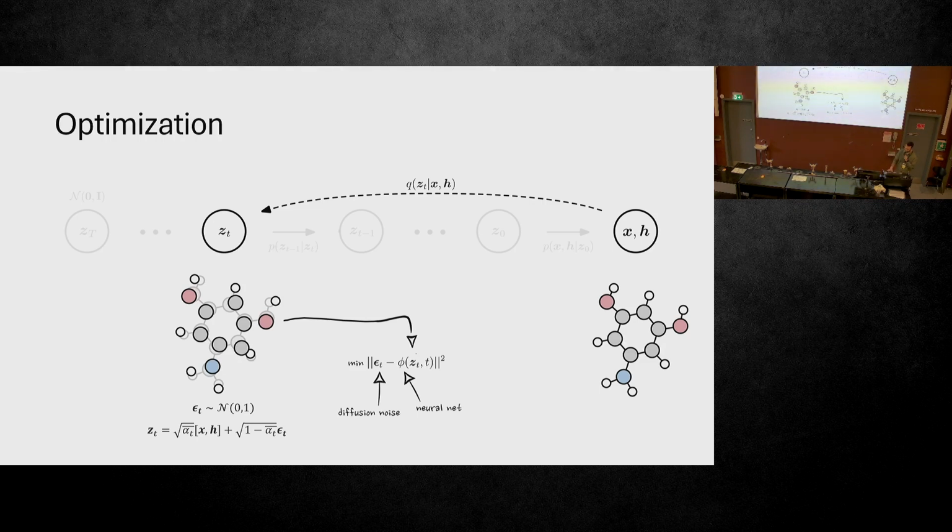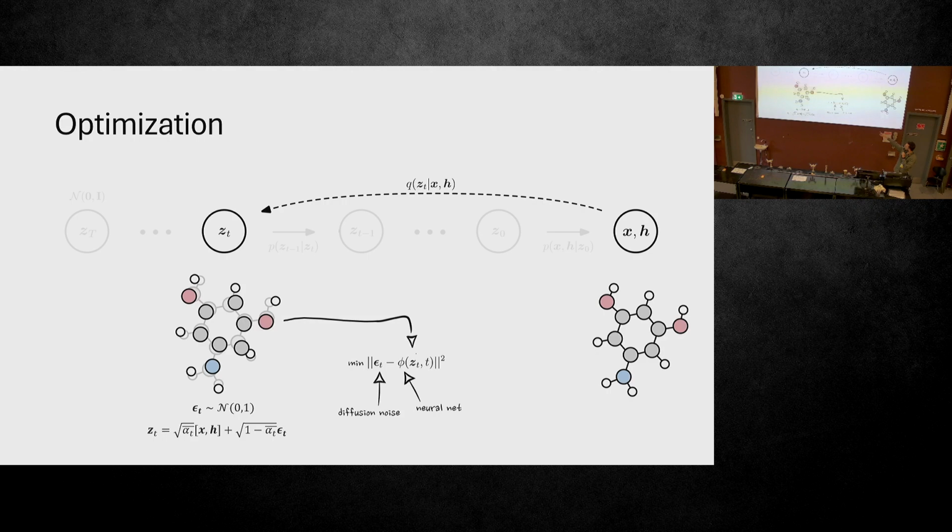The noisy sample zt is the sum of the real sample plus some Gaussian noise, and these two things are weighted with the square root of alpha and the square root of 1 minus alpha. So basically it's a weighted sum of the sample plus some Gaussian noise. That's what zt is.